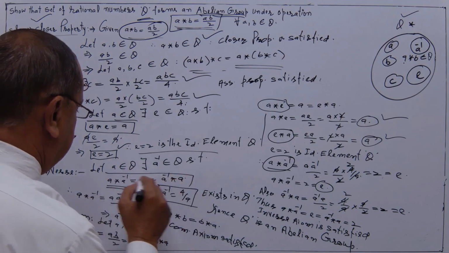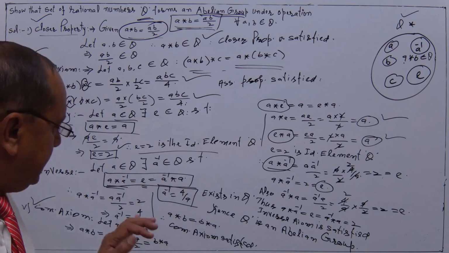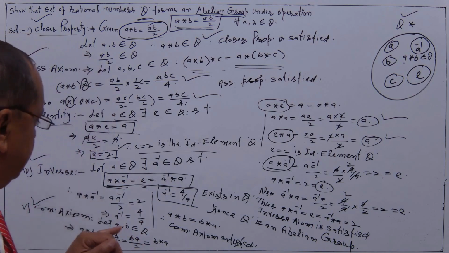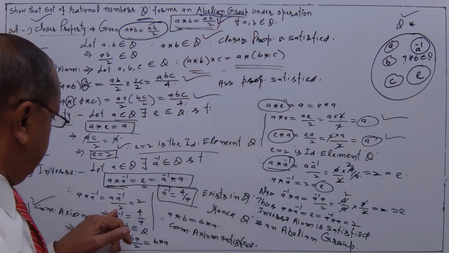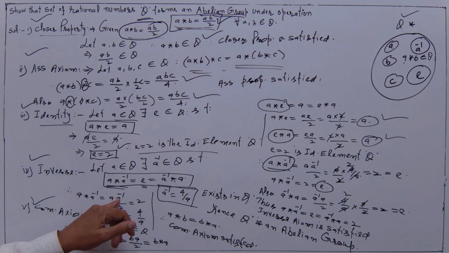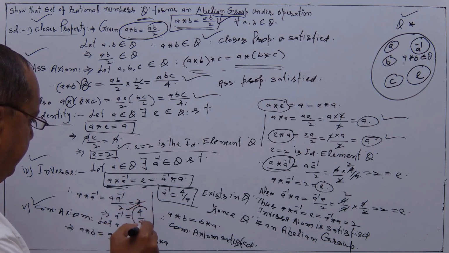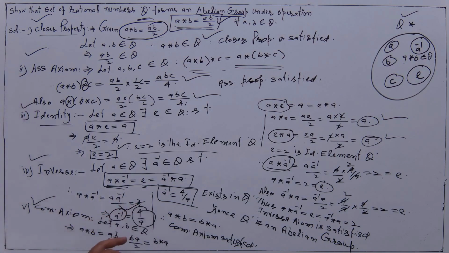This is the condition for the inverse property. Now we have to verify whether a star a inverse is equal to e or not. a star a inverse is equal to a a inverse upon 2 according to the given condition, and the value of e is 2. So a inverse equals, by cross multiplying, 2 times 2, that is 4 upon a. So this a inverse is equal to 4 upon a. It means the inverse exists in set Q.